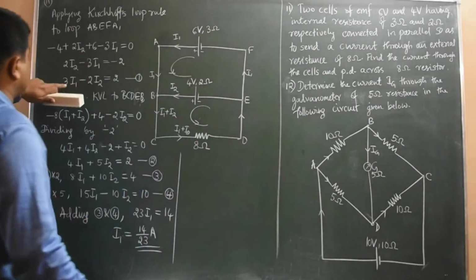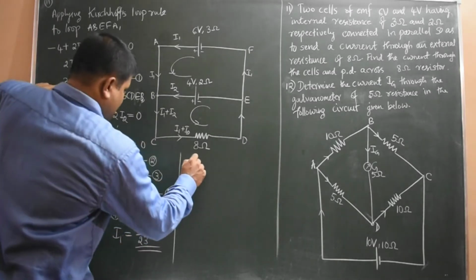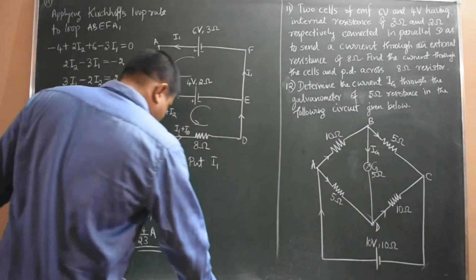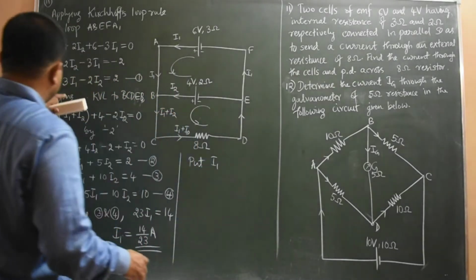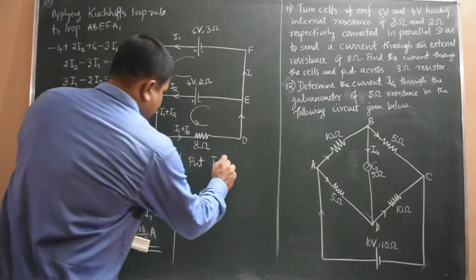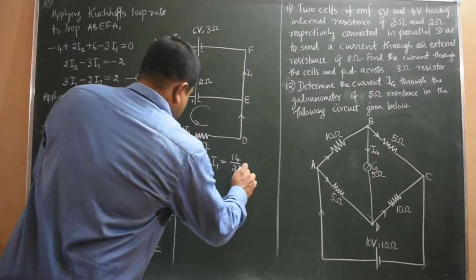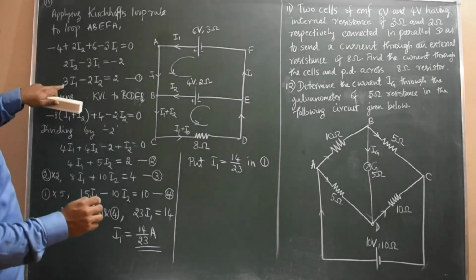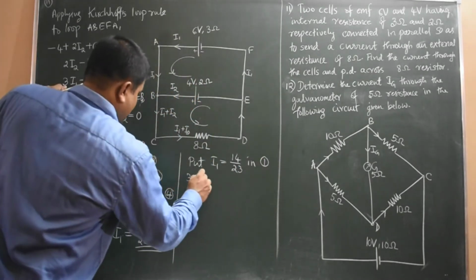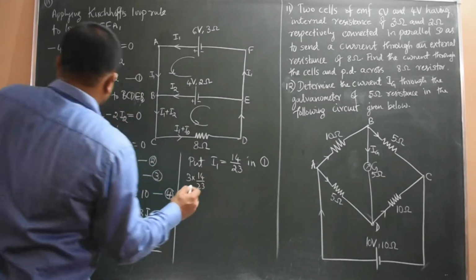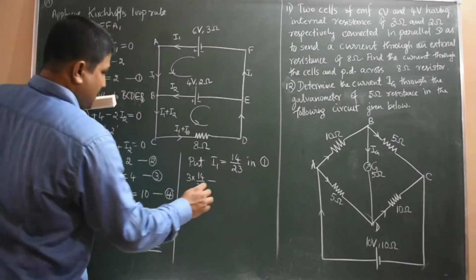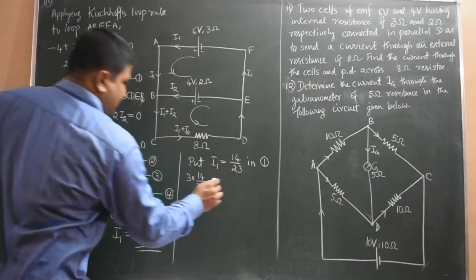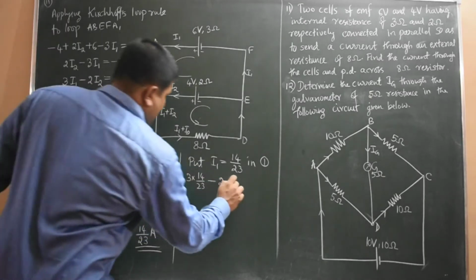Put I1 equal to 14 by 23 in equation number 1. So you get 3 into 14 by 23, minus 2I2. I shift that to the RHS and bring the 2 to the LHS, so minus 2, equal to 2I2.